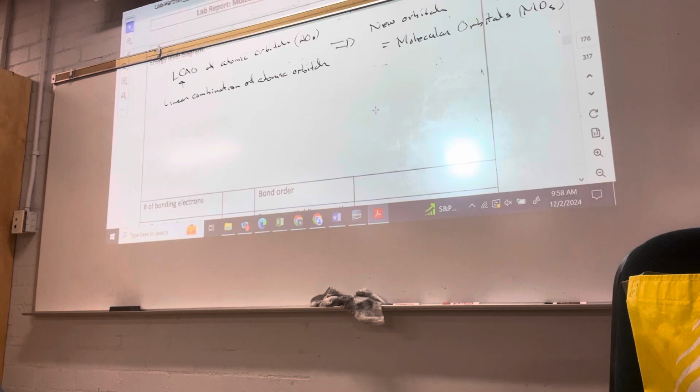An alternate way of representing this would be looking at the wave function. If we look at the wave function, we see a wave like this. This would be the psi 1s. When we square that, we get the probability distribution here.